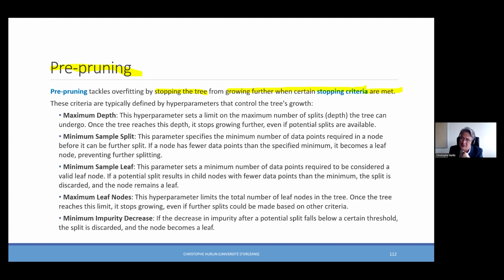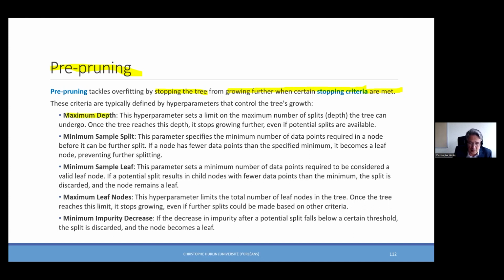Okay. This is not exactly the depth of the tree. I always say that the depth of the tree is the hyperparameter. In general, we control the value of the stopping criteria on the following points.